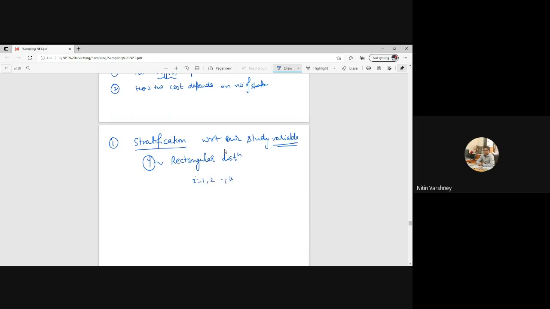If we are going to make k strata, this will follow a rectangular distribution.